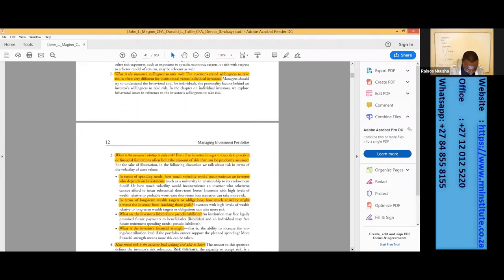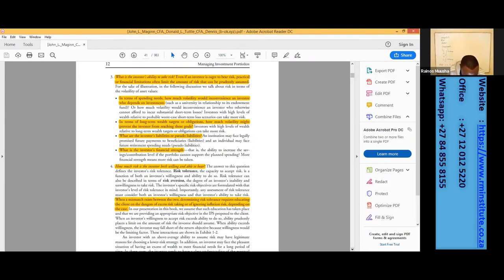Then the third question to address is, what is the investor's ability to take risk? Even if an investor is eager to bear risk, practical or financial limitations often limit the amount of risk that can be prudently assumed. So the following items have to be borne in mind. In terms of spending needs, how much volatility would inconvenience an investor who depends on the investment? This will also determine the ability of the investor to take risk.